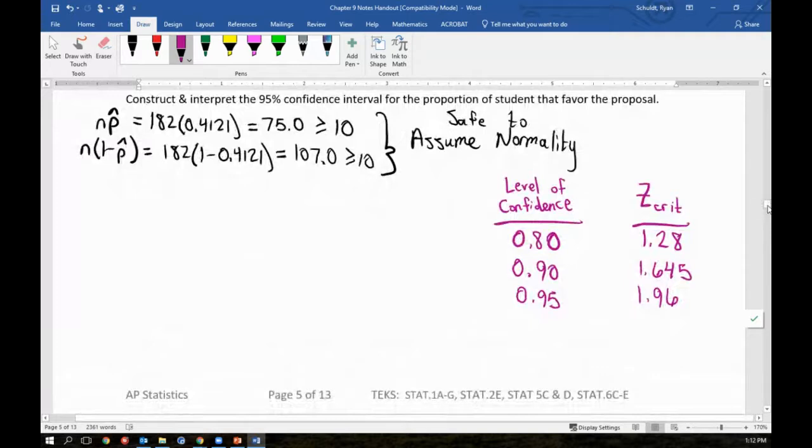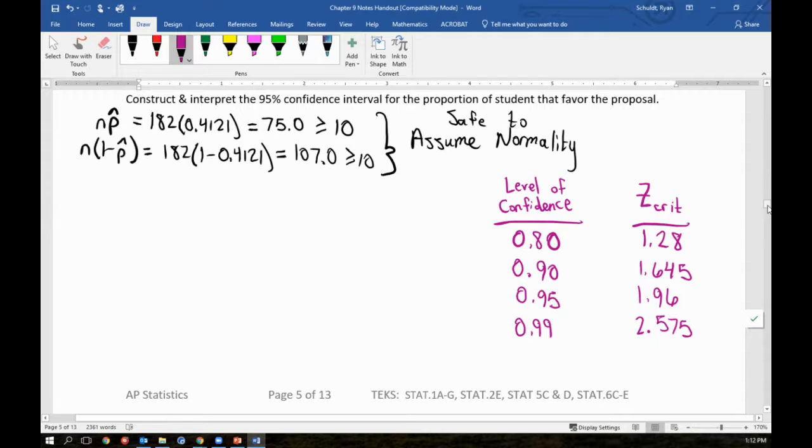And the other popular one is the 99% one. And again, y'all may have to help me. It's 2.575. 80% is not as popular.